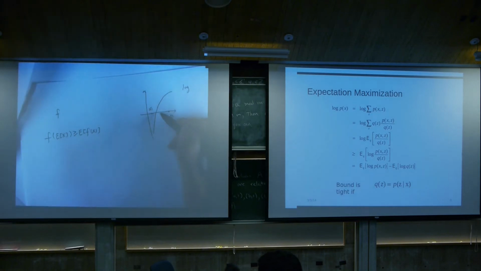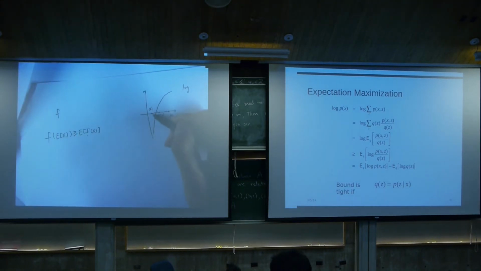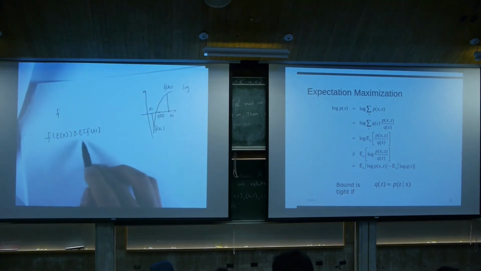So the expectation of x could be here, here, here. So let's say it's here. This is E[x]. And we have f(x1) and f(x2). This term here, we take the expectation of the f(x) values.